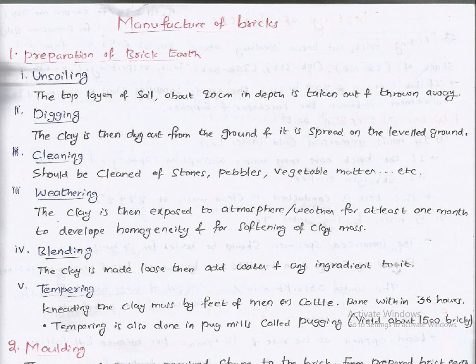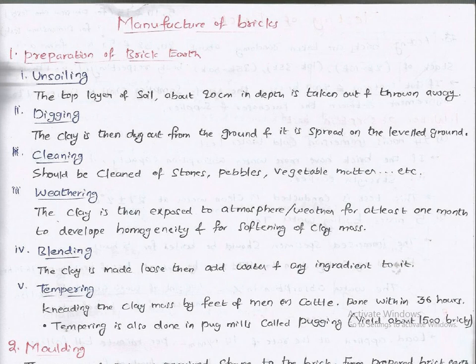Blending: the clay is made loose, then water and any ingredients are added to it. Tempering: kneading the clay mass by a fleet of men and cattle, done within 36 hours. Tempering is also done in a pug mill, called pugging. Yield about 1500 bricks.